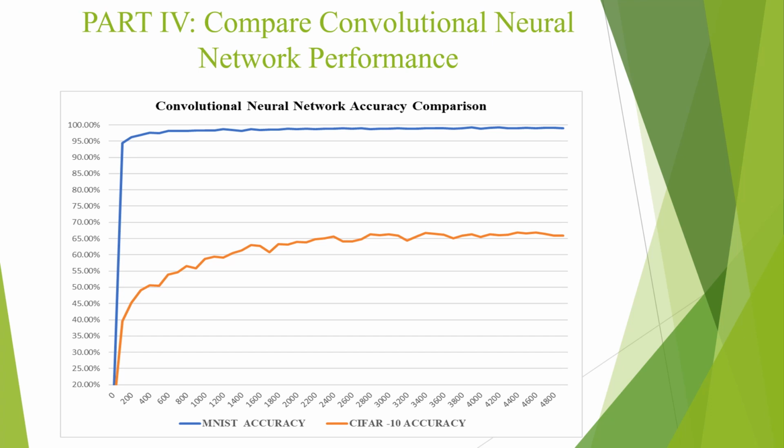As you can see, the MNIST accuracy performed well, at almost 98% pretty quickly. Once it got up to about 600, it was in the high 90s from an accuracy perspective.